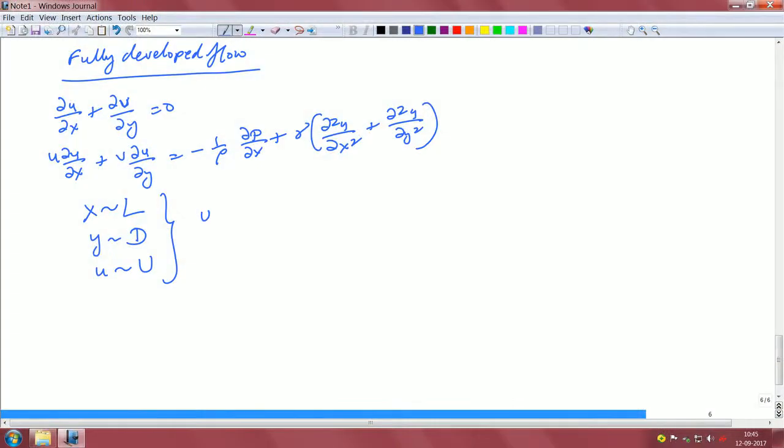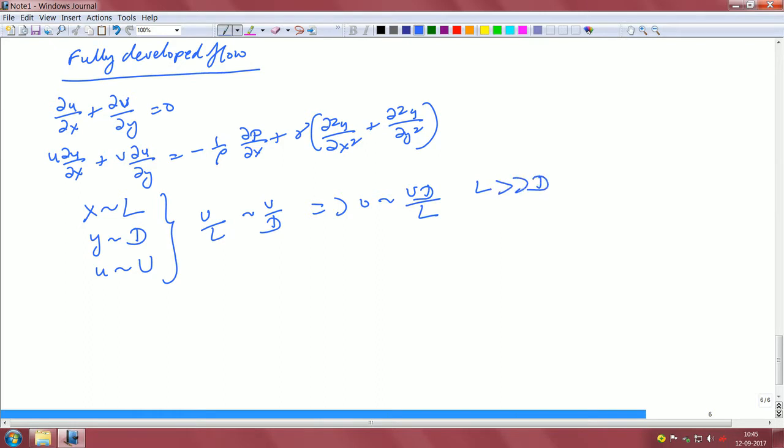Okay. So, of course, from the continuity equation, you have u by L should be the same as v by d, right. This gives rise to v being equal to u times d by L, where L is much greater than d, correct.